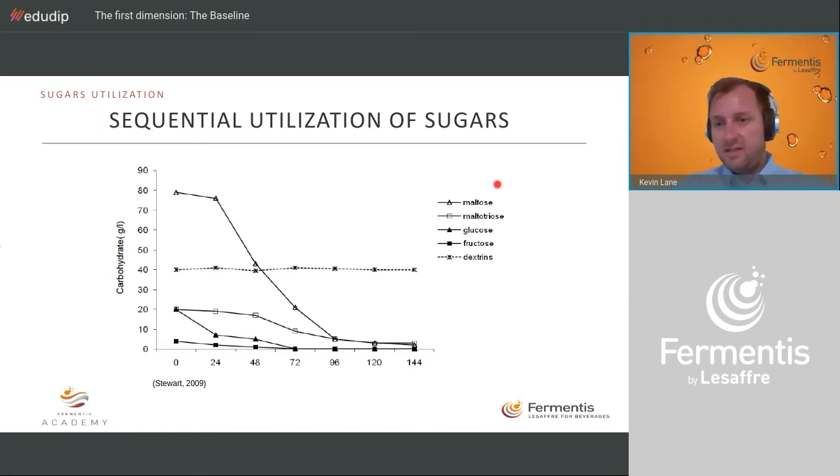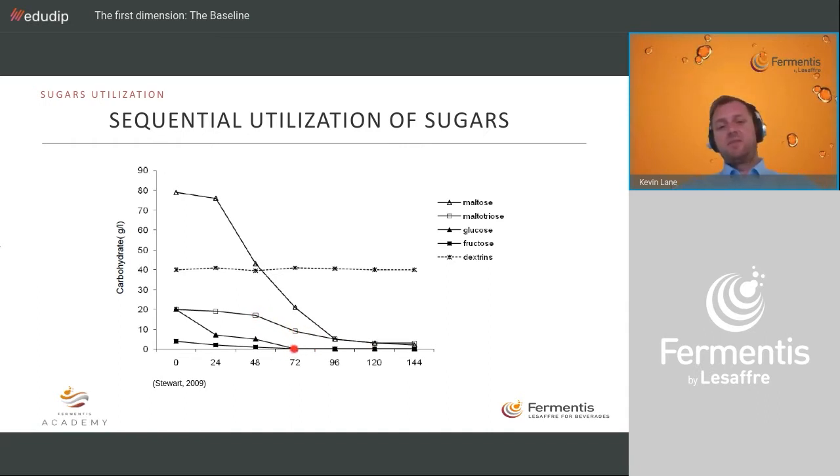And you can see here at the 24-hour mark, or whatever this measurement is across the bottom, I think it's hours, when the glucose is reduced by about half, or the fructose by half, you start to see the maltose fermentation coming on much stronger. And then when that is again dropping by 50%, maybe more, you start to see the maltotriose fermentation, the DP3, starting to be consumed at a faster rate.